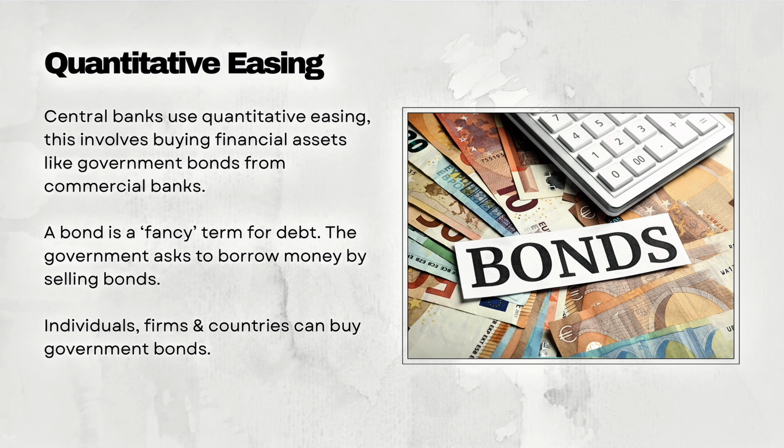For example, you wanted to borrow $1,000 from your whole class. You stand up in front of your class and you say, I need to borrow $1,000, and whoever is able to lend me $1,000, I will pay them 5% in interest every year. Someone is willing to take your offer and transfers you $1,000.